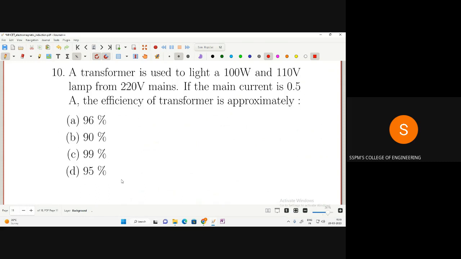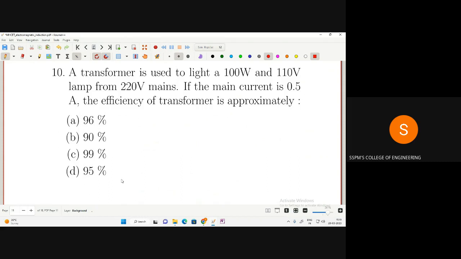So V2 is given, the secondary voltage. From 220 mains, the primary voltage is also given. The primary winding of the transformer is connected to the main supply and its RMS value of the voltage is 220. And if the main current, meaning the primary current, is 0.5, then what is the efficiency of the transformer?